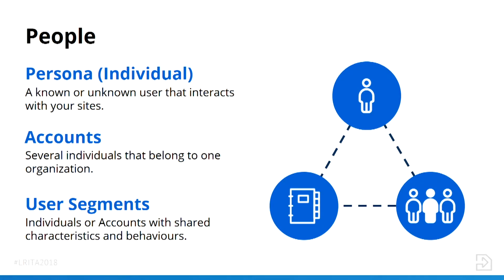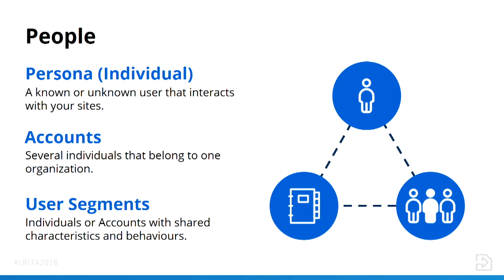Okay, so about people. These are the individuals, the personas that come to my website. Sometimes I do know them, and sometimes there are unknown users, and they are interacting with my channels. I can group them in different ways. I can have accounts, in the sense of grouping persons that belong to the same company, and I can group them also using user segments.